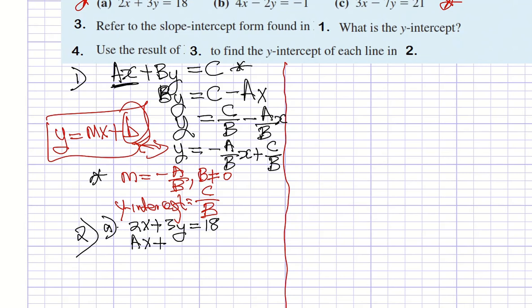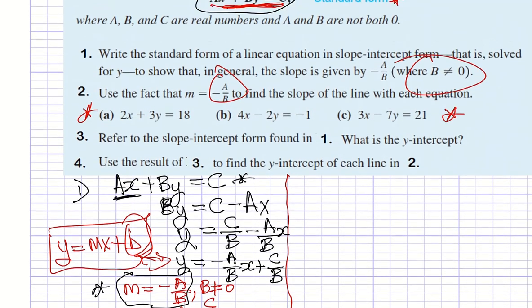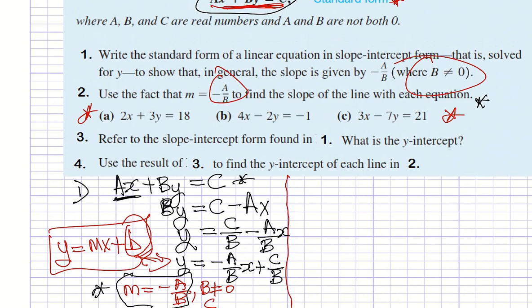ax plus by equals c. And notice what is going on. Notice that a equals 2, b equals 3, c equals 18. You see that, right? Because when you compare those, that's what you get. Since we already did the work here, what they want us to find is the slope for each line.